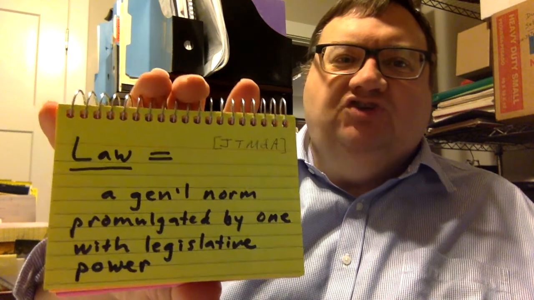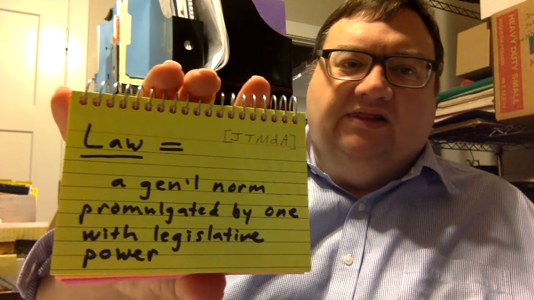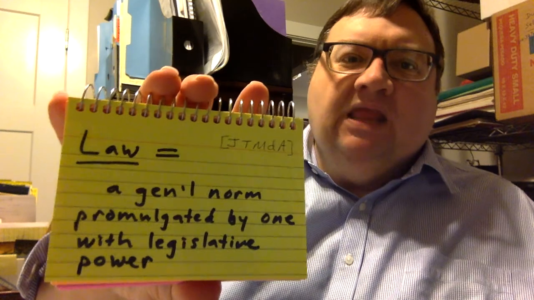And his definition is a really nice definition of what a law is. A general norm promulgated by one with legislative power. Now, when we say a norm, it usually means something that actually governs us. It's more binding on us than a mere policy or a mere guideline.